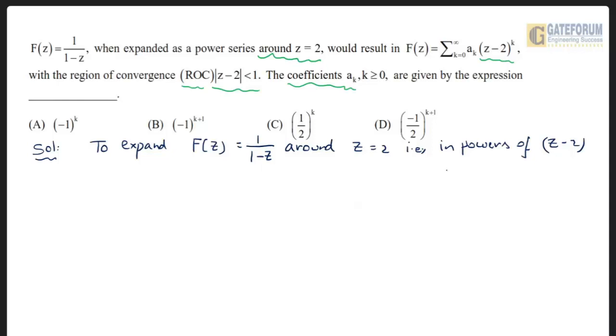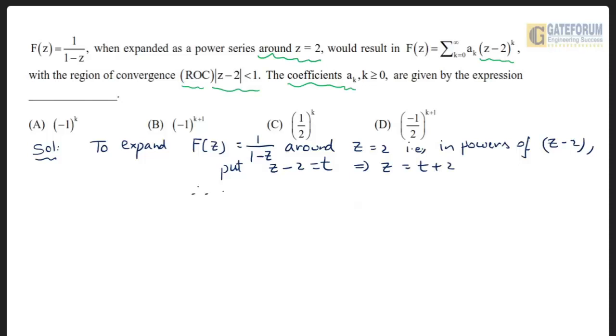So the better way is the substitution method. Put z minus 2 is equal to t, that is a change of variable, to make this expansion in a simpler way. Z is equal to t plus 2.